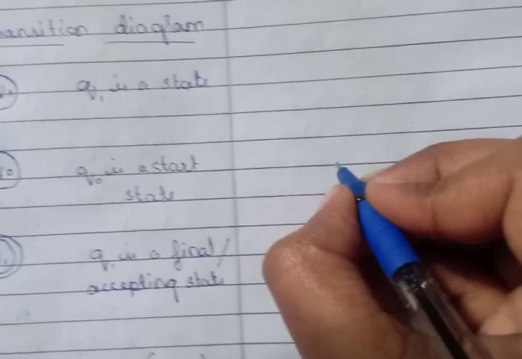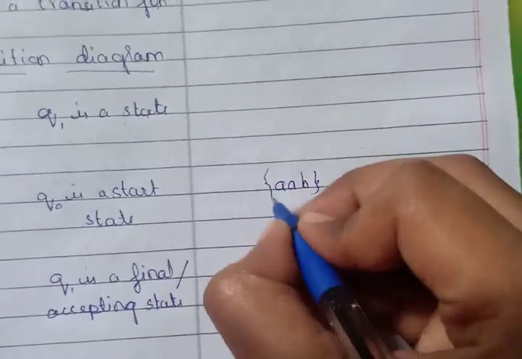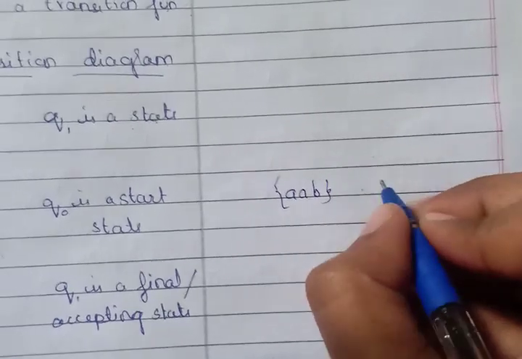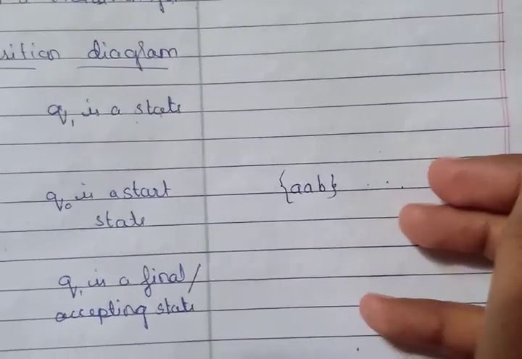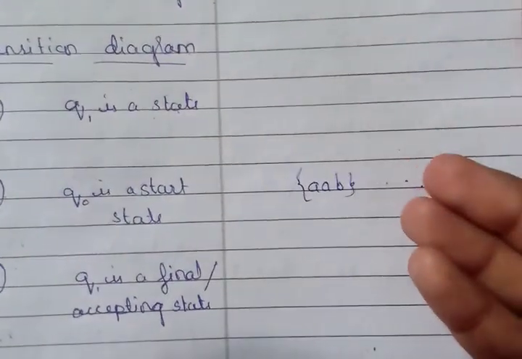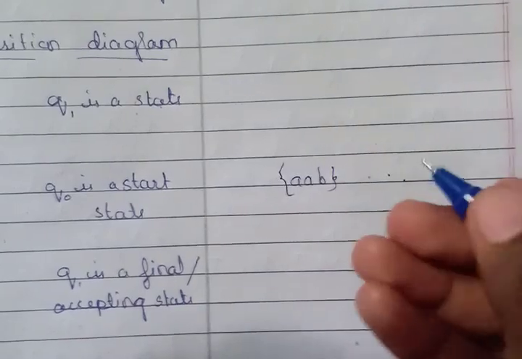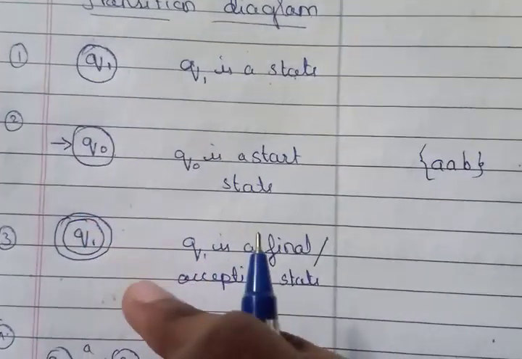For example, if we want a machine to accept a string and we give this input, but it fails to accept it, then that state won't hold good.